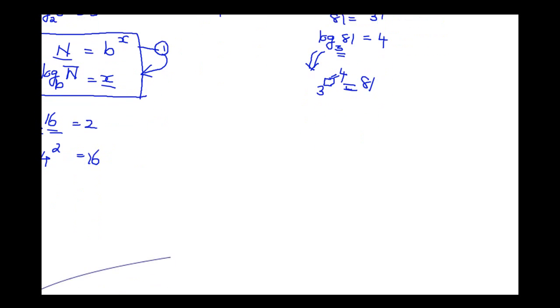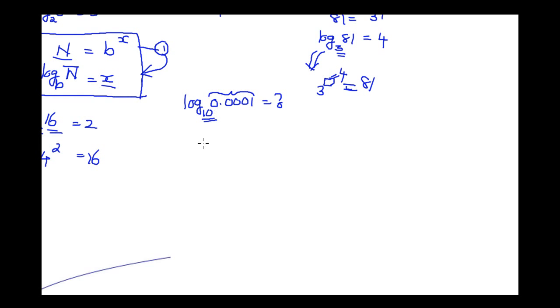Now, let's consider another example: what is the logarithm of 0.0001 to the base 10? This is what we have to compute. This is the question. In order to compute this, first we have to see what the base is. The base is 10. Now this given number has to be expressed as a power of the base.